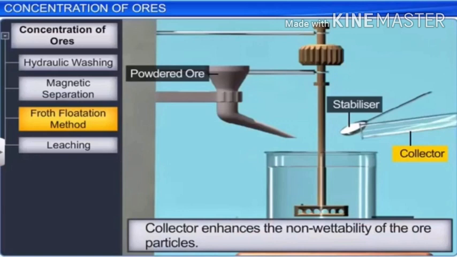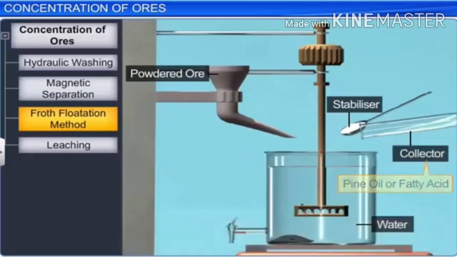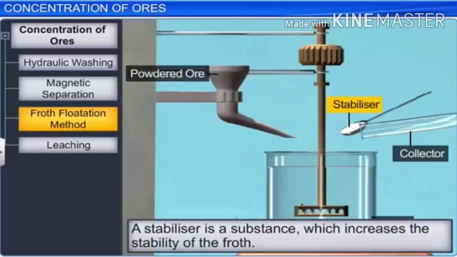What is the collector? The collector enhances the non-wettability of the ore particles. We have studied that the ore particles are wetted only by oils, so normally the collectors will be a type of oil itself. The normal collectors that we use are pine oils, fatty acids, etc.